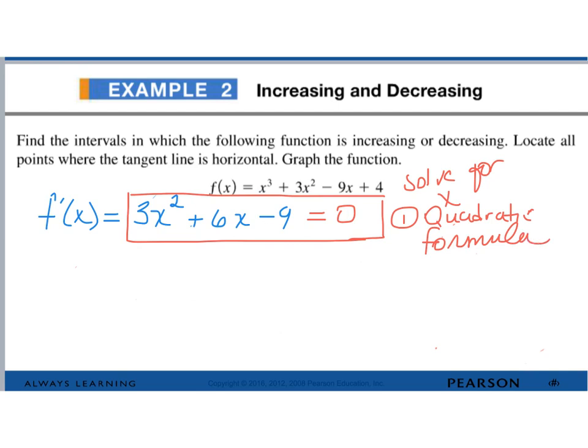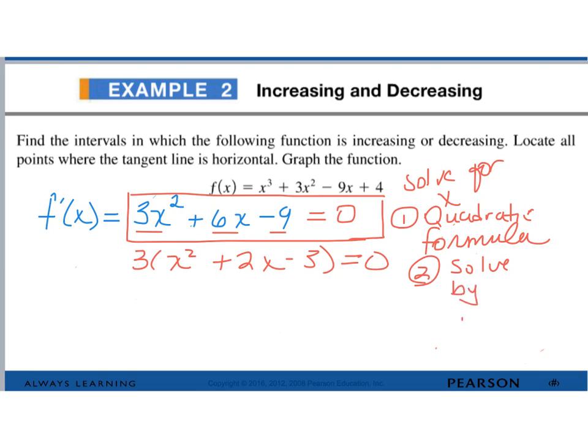But this one happens to be one of the ones that lazy people, even lazy people like me, notice has a greatest common factor. So if I factor out the 3, it turns out that this one can actually be solved by factoring. And so I am going to solve it by factoring.